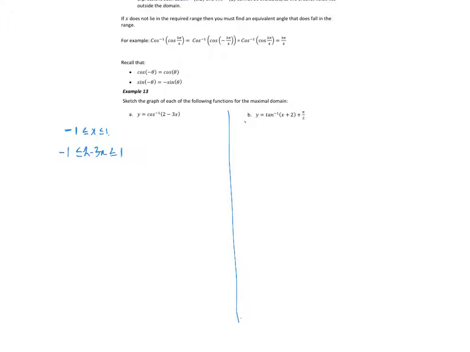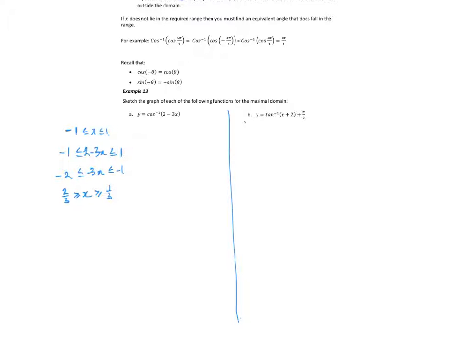So if we subtract 2 from both sides, negative 3x is less than minus 1. Divide by negative 3, so we end up with 2/3 is greater than x, greater than 1/3. So now all of a sudden we can see that the domain of my graph is between 1/3 and 2/3.